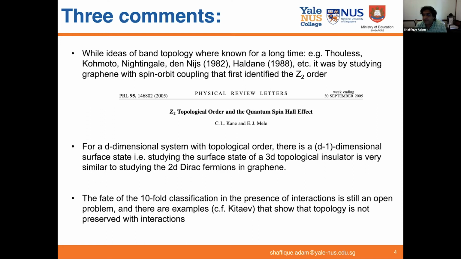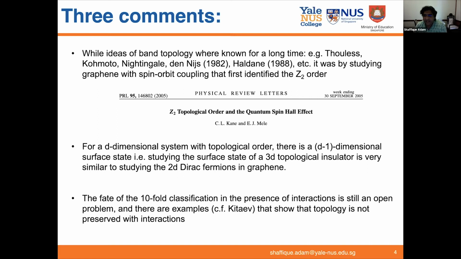And from there, it became realized that this was just one example of a symmetry class bifurcating into topological and non-topological. One general feature of topological order is that if there's a d-dimensional system with topology, then you have a d-1 dimensional surface state. For example, the surface state of a 3D topological insulator is a 2D Dirac fermion, which is the same kind of system that we study in graphene.